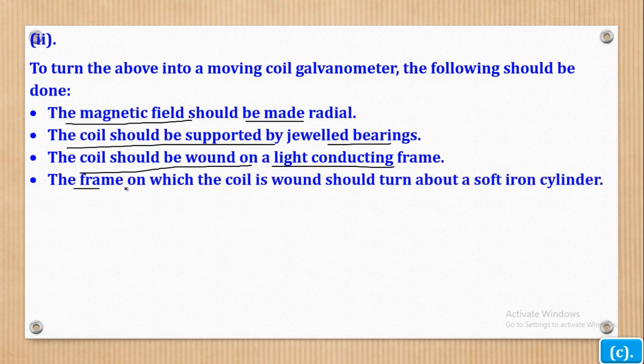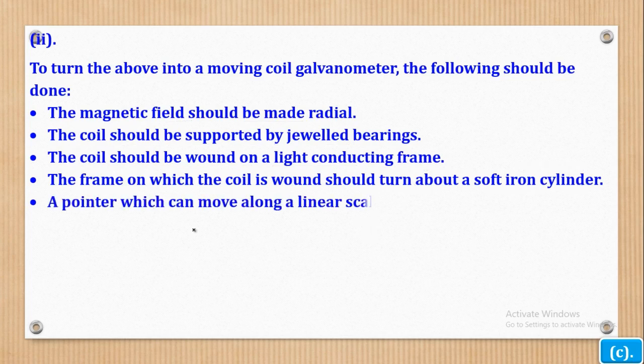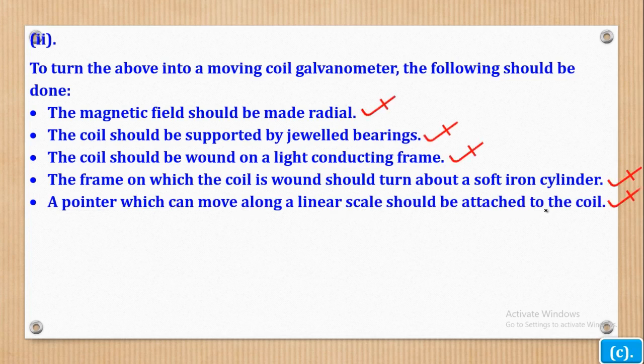Then 4, the frame on which the coil is wound should turn about a soft iron cylinder. And 5 is that a pointer which can move along a linear scale should be attached to the coil. So any 4, you get yourself the 2 marks.